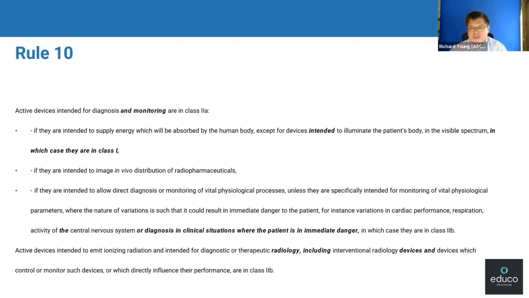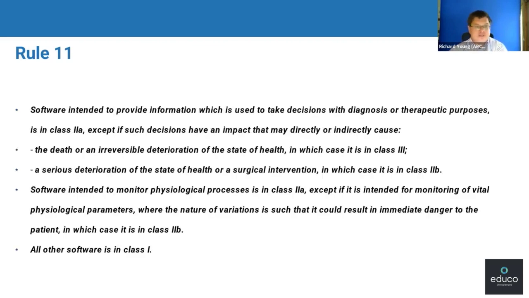It especially impacts or could be applied to some active devices and software devices or software controlling devices. But we'll read on, we'll see there's other stuff mentioned there as well as we go forward. So Rule 10 is talking about monitoring products.